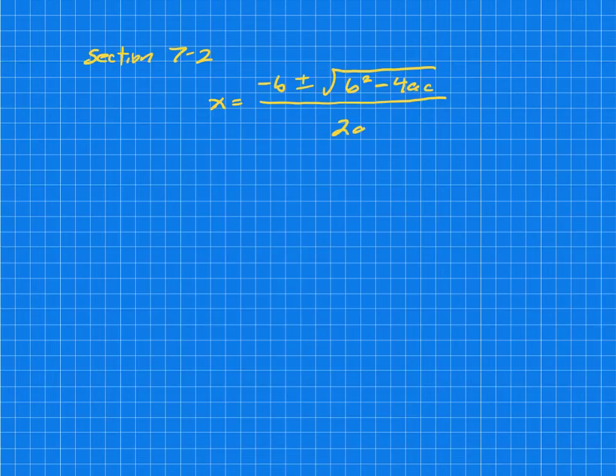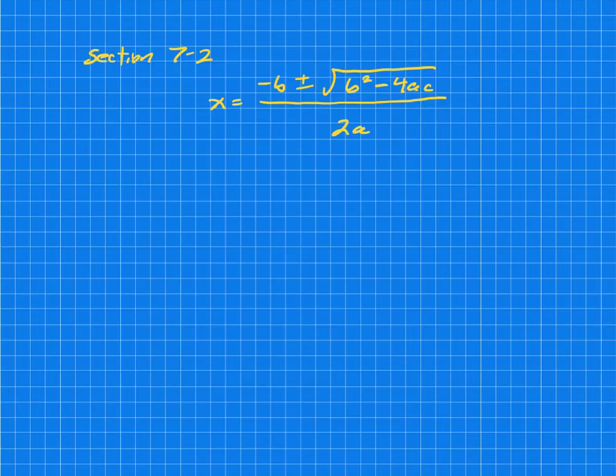The next section is 7.2, and it is the quadratic formula. The quadratic formula is x equals -b plus or minus the square root of b squared minus 4 times a times c, all over 2a.